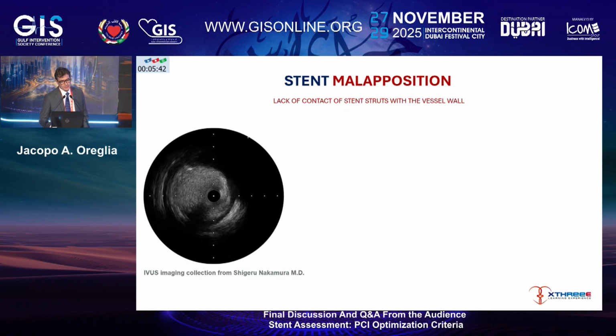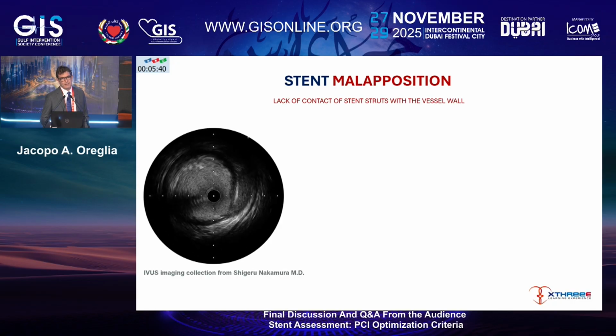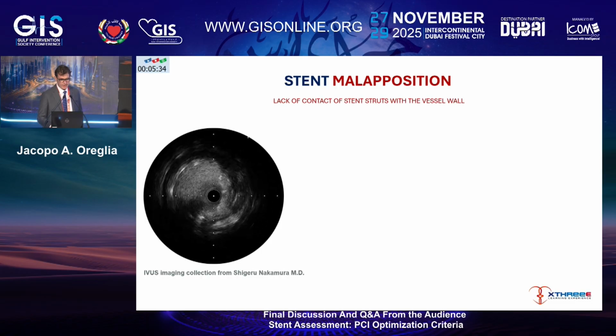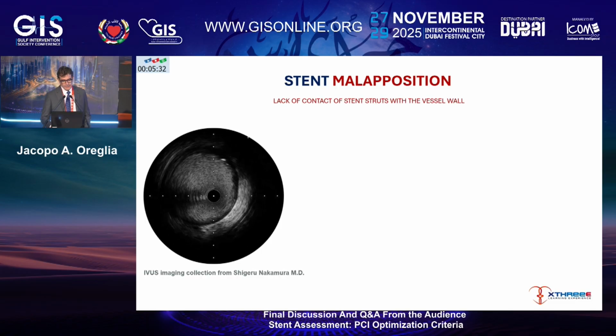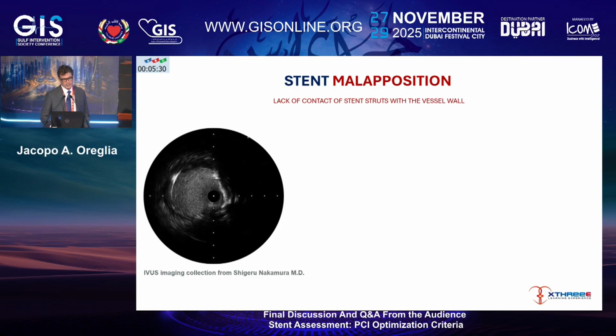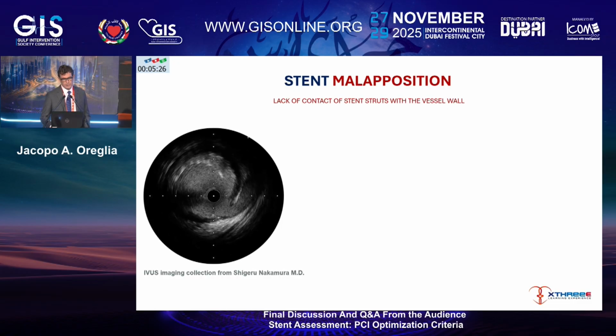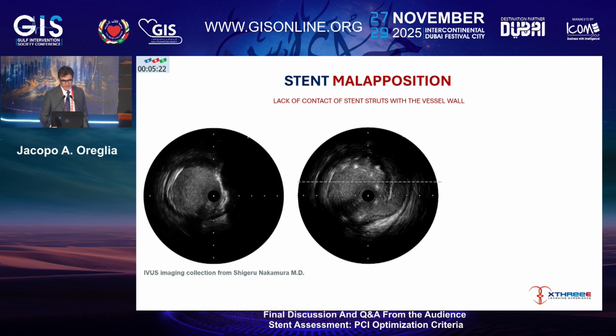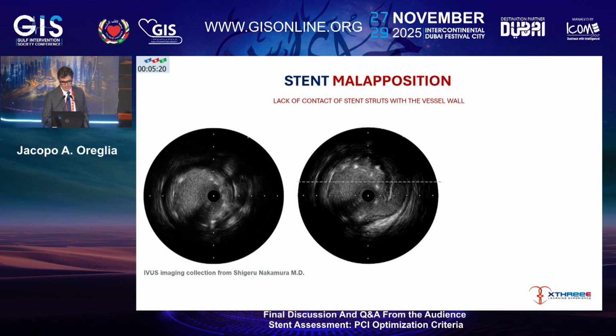We have understood that stents have to be well apposed. This was the experience with the first generation drug-eluting stents. And of course, imaging is, I think, the only tool that really can tell you if a stent is well apposed or not. And here you can see a clear image of a malapposed stent.